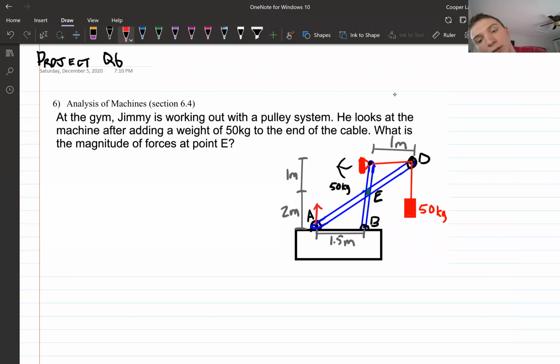You have A sub Y, A sub X. You also have B sub Y and B sub X. Along with that, you're also going to have all of these forces coming off E, because that is where the joint is. And you're going to take this 50, because it's 50 kilograms here, and multiply that by gravity to get its force in newtons.